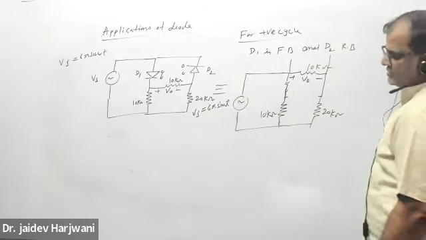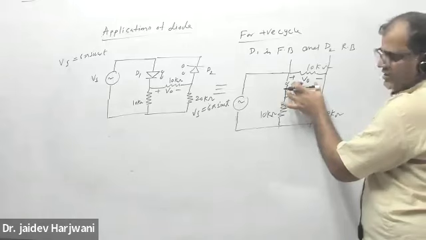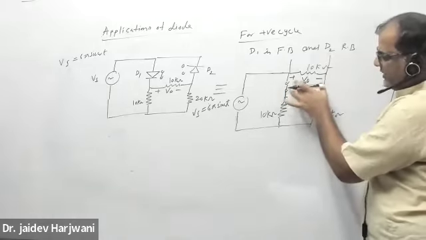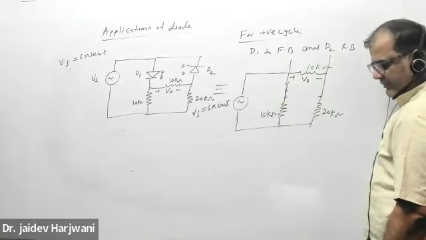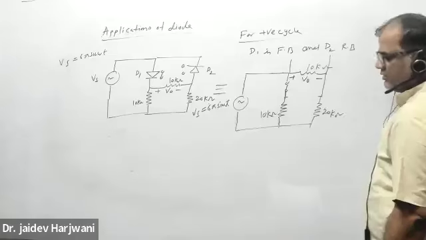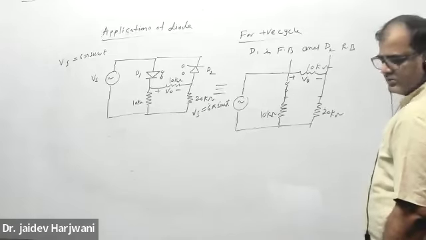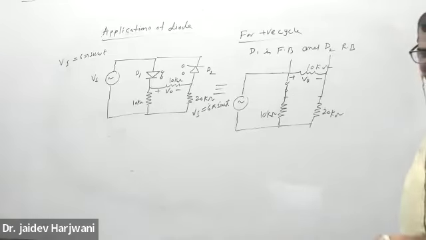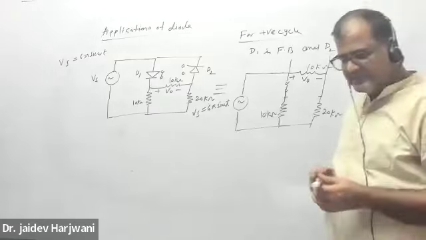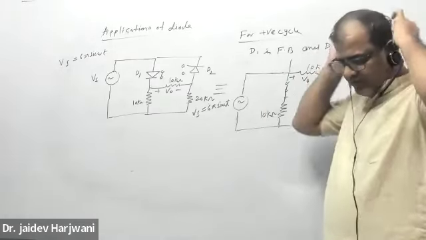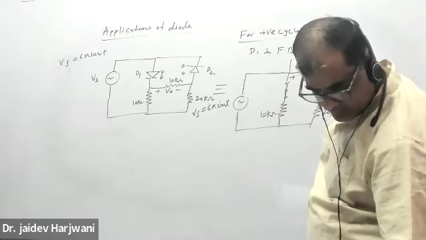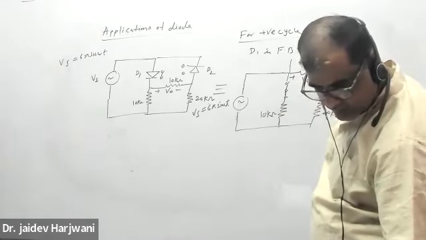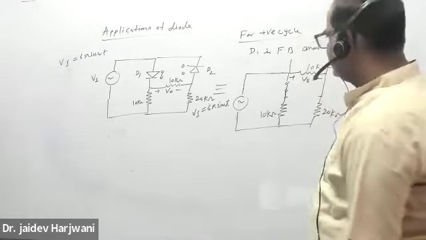So in the positive cycle, what is the value of this one? How to approach? Tell me how to find out. Deepak, Tej, tell me how to find. Leo is there. Sir, we can apply KVL. Yes, we can apply KVL.